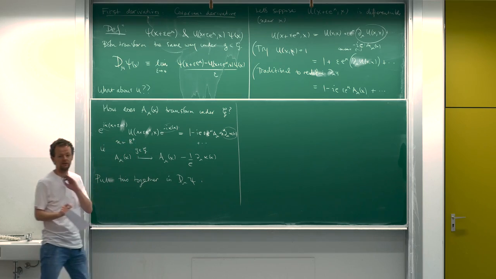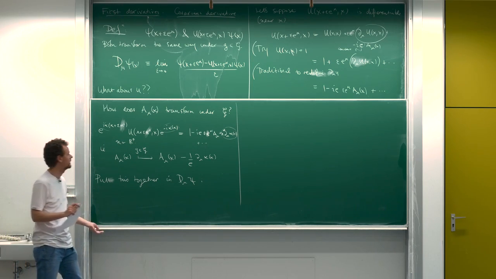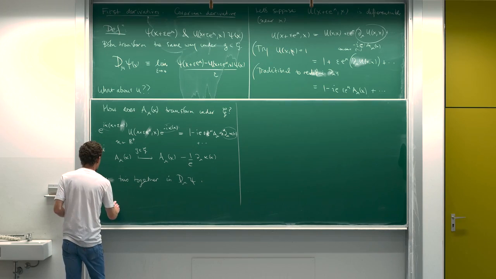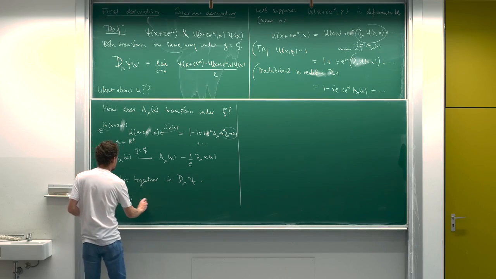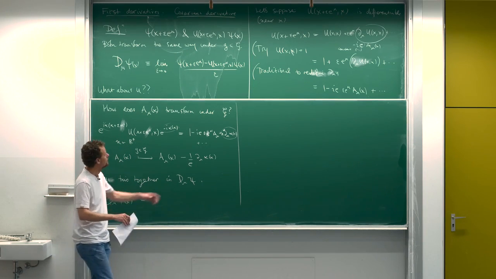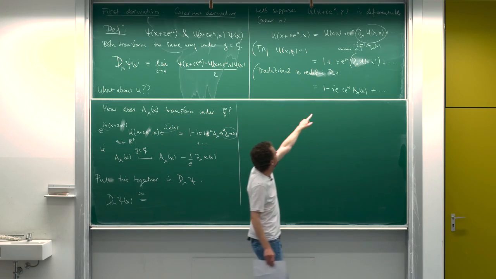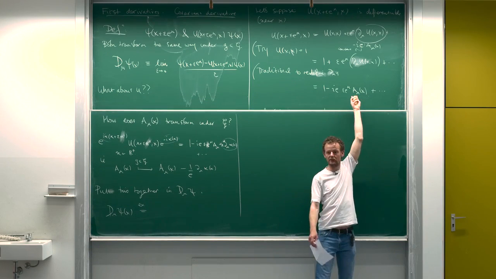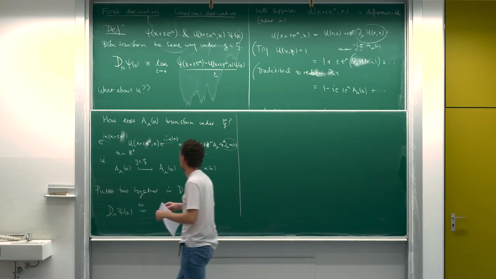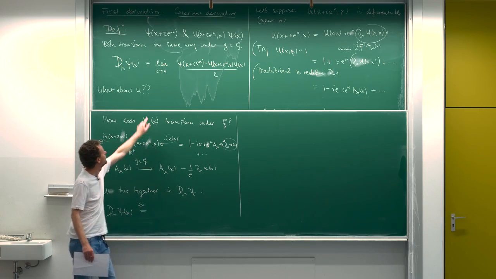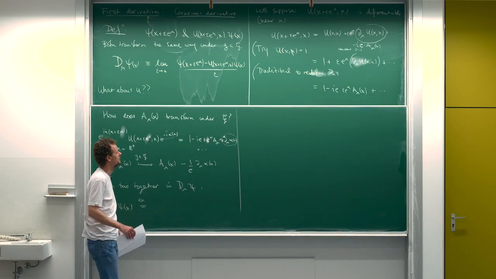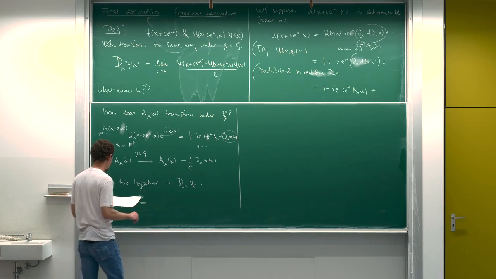Let's put this all together inside the definition of the covariant derivative up there. If you use this expression here for the parallel transporter between nearby locations in the definition of the covariant derivative up here, then you'll arrive at the following expression for this covariant derivative.